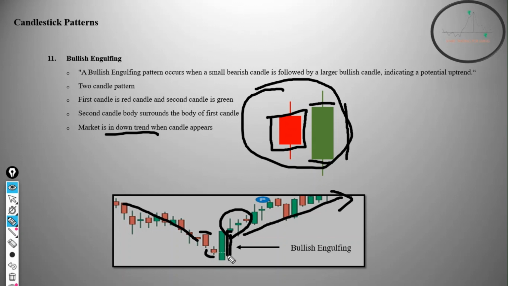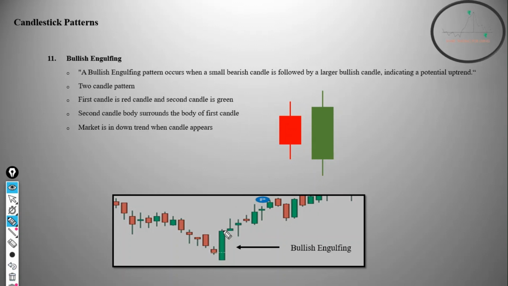We can call this a Marubozu or a bullish engulfing. This individual candle is a close Marubozu, because there is a wick or shadow at the top, but these two candles put together make it a bullish engulfing pattern. So shall we move to the next slide?